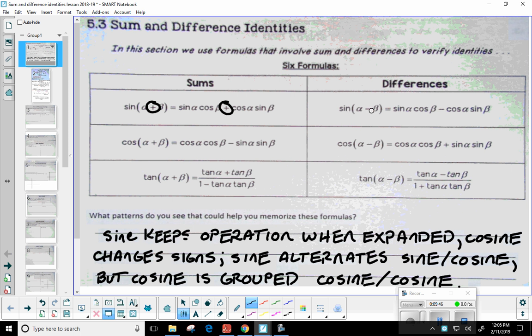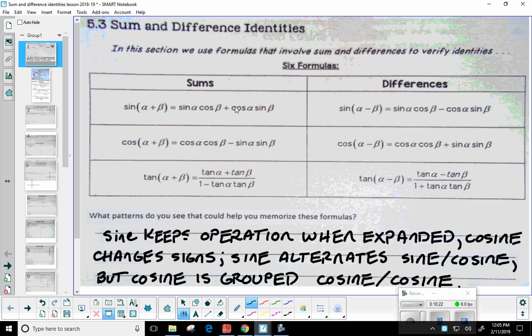If I'm taking the sine of two items that I'm subtracting, again, it doesn't matter if they're degrees or radians, the products are still going to be the same: sine alpha cosine beta minus cosine alpha sine beta. It's still sine times cosine. Alpha and beta are still in order from left to right. And you'll notice if it starts with a minus, you still subtract. Sine keeps the same sign. Now, with those characteristics in mind, let's look at cosine, whether it's a sum or a difference.